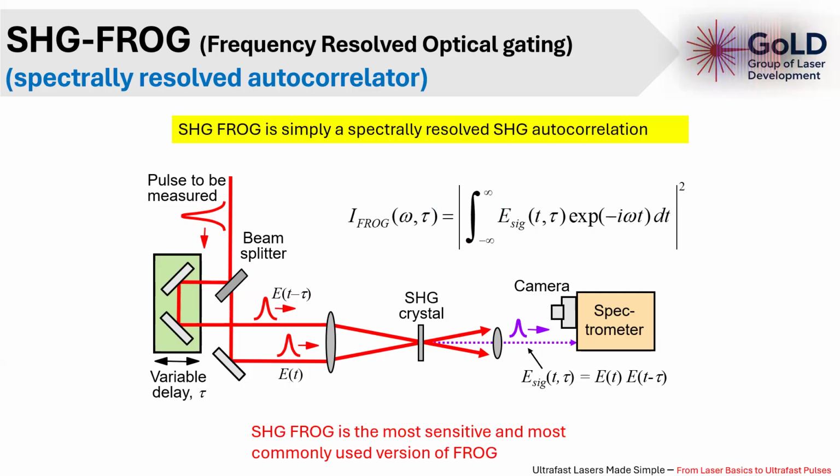But I give you a little bit of an idea: all the arrangement is the same, the setup is the same. In place of the photodetector, we use the spectrometer. For each and every delay value, we take the spectrum.